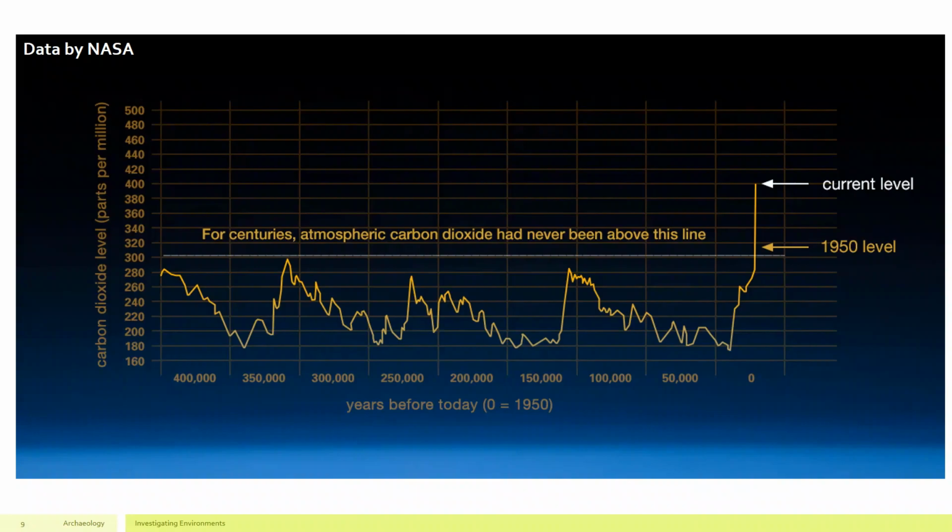We are in a straight line upwards. So you can see how it's fluctuated, and it's never really gone above 300 parts per million before, and we're off the charts here at 410 parts per million. So this is the reason why we know for certain that this is not really a natural cycle, in that we're continuing to climb, and that we know the source of the emissions is from human activity.